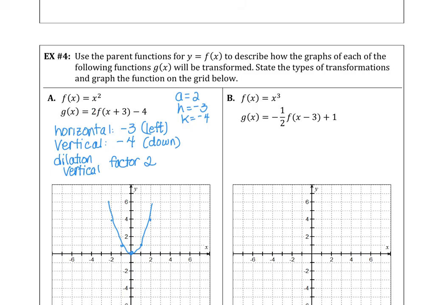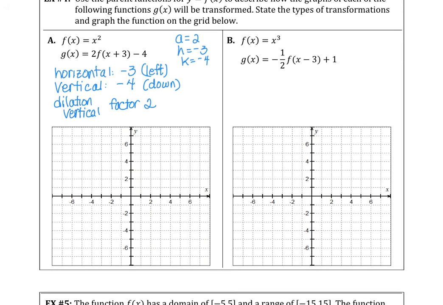So let's erase this old one. This is our parent one. And we want to move the new parabola 3 units to the left and 4 units down. And we're going to have a stretch factor of 2. So 1, 2, 3, going to be there.